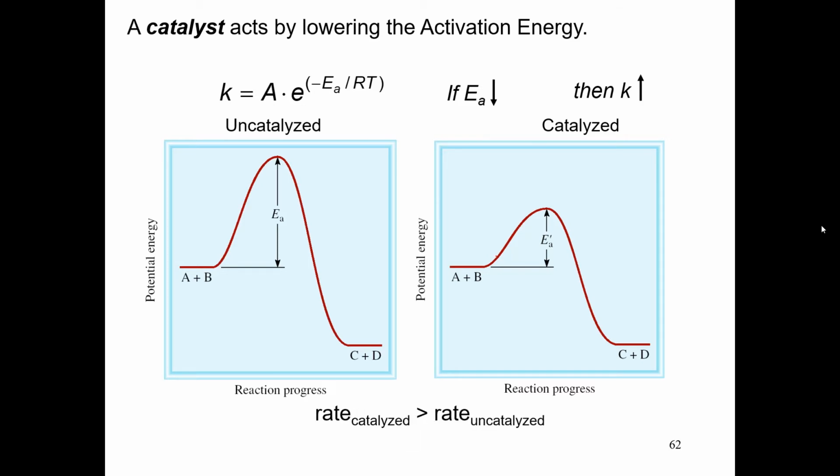So the result is that the rate of the catalyzed reaction is much faster than the rate of the uncatalyzed reaction because the activation energy of the catalyzed reaction, E prime sub A, is lower than the activation energy, E sub A, of the uncatalyzed reaction.